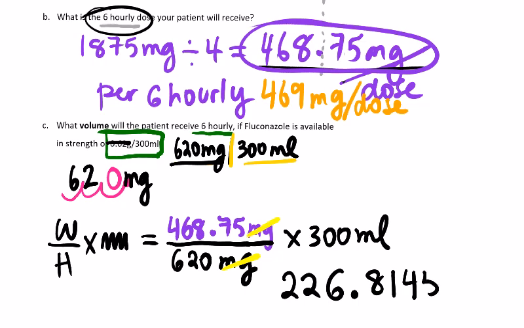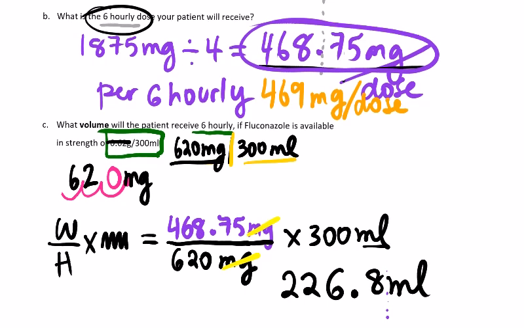So we have lots of digits here, but we won't keep them all. We will probably round this to 1 decimal place, which is breaking after the 8. The 1 is very low, so that is not going to round our number up. We're going to leave it as 226.8. What's the unit here? Well, the only unit left was mils, so that's the volume in milliliters.